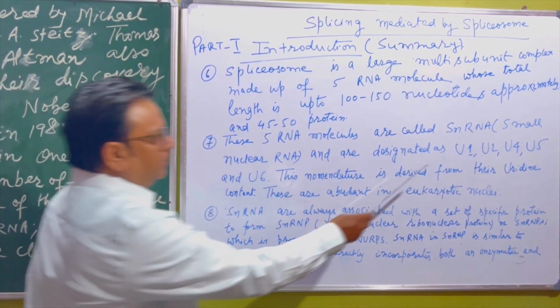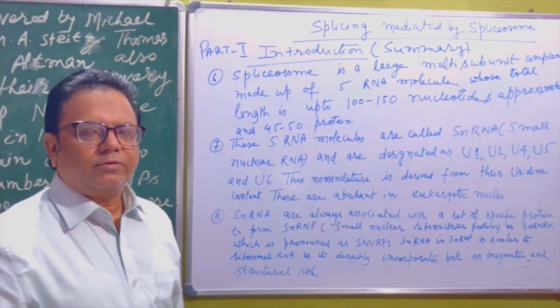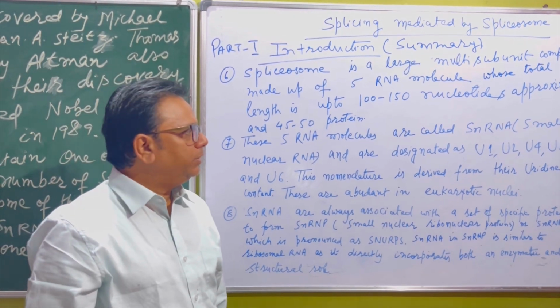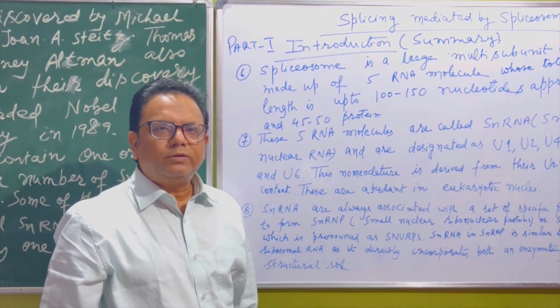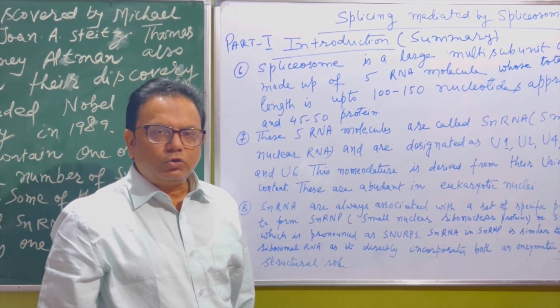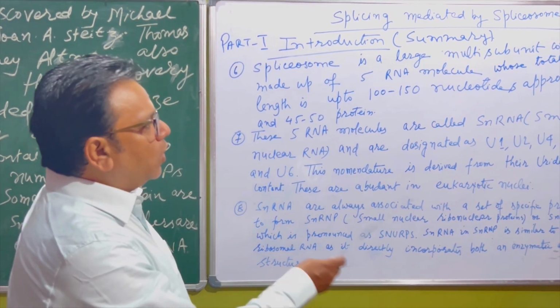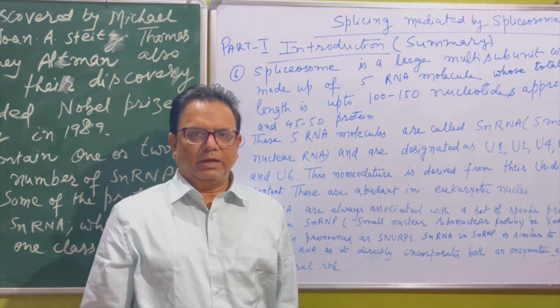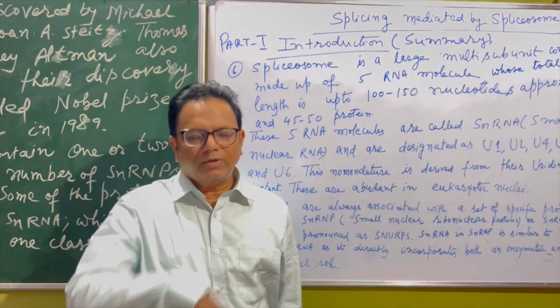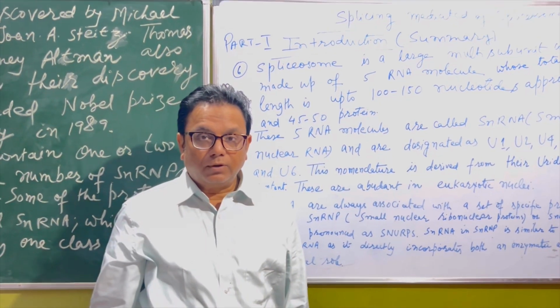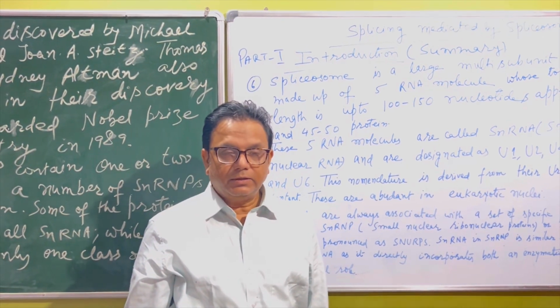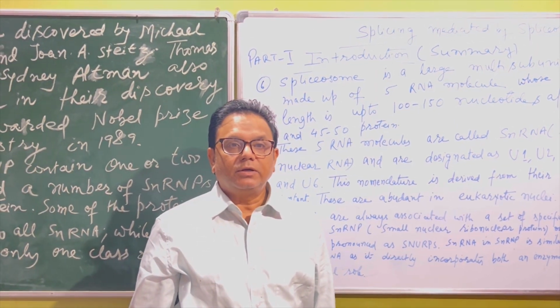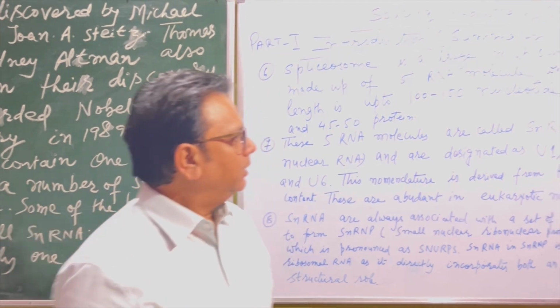As a student of chemistry or biochemistry, you know that symbol U is for uridine or uracil, and this nomenclature is based on the uridine content, uridine being the nucleoside of uracil, that is uracil plus ribose sugar.